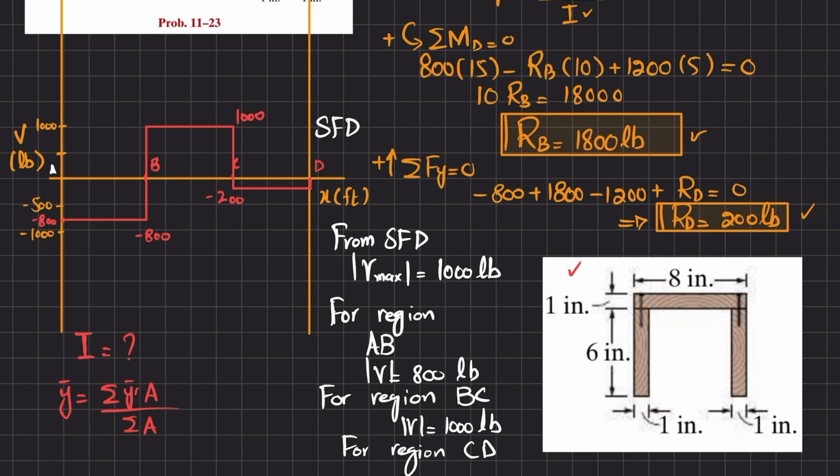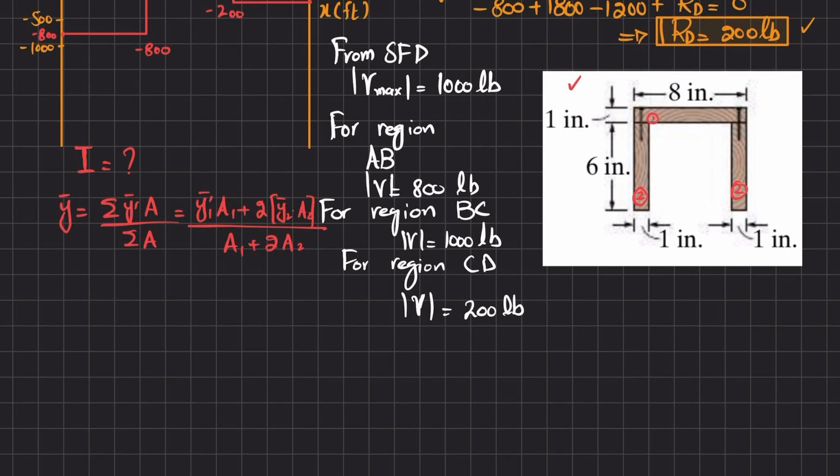Since there are 3 areas, let this be 1 and these be 2. These two are the same. If we expand it, y1 bar dash into A1 plus 2 times y2 dash into A2, divided by A1 plus 2 times A2, which will give you y dash.